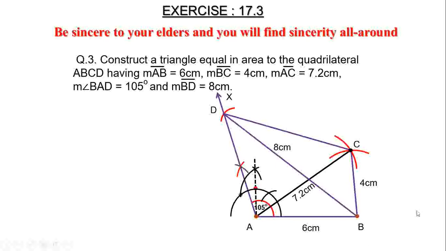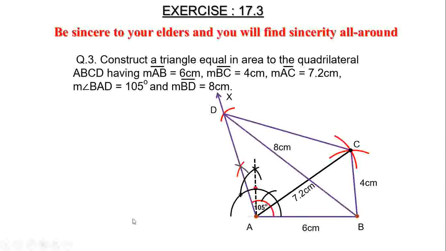If we consider that produce BA, it means that we are to produce on this side. And if it is considered that produce AB, it means that we are to produce on this side. Now in this question, we are going to produce BA. It means that we will produce at this side.